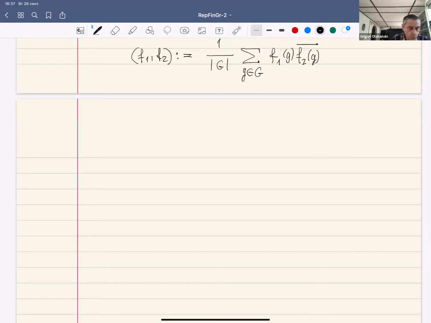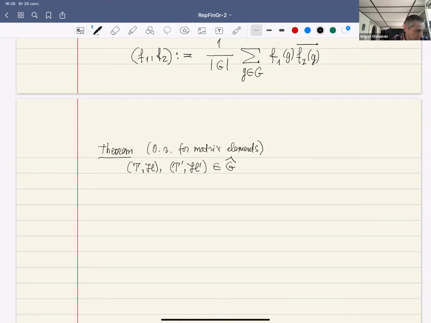And now I want to state the result, which is a fundamental fact. These are the orthogonality relations for matrix elements. It's formulated as follows. Assume again that we have two irreducible representations, T1 and T prime. This notation just means that they are irreducible, I recall.